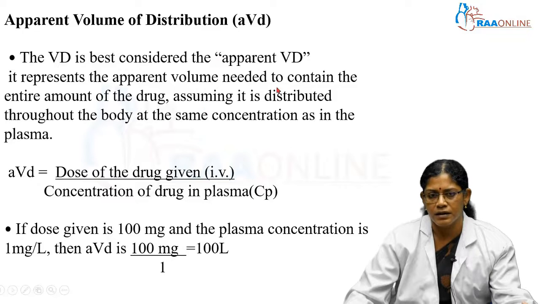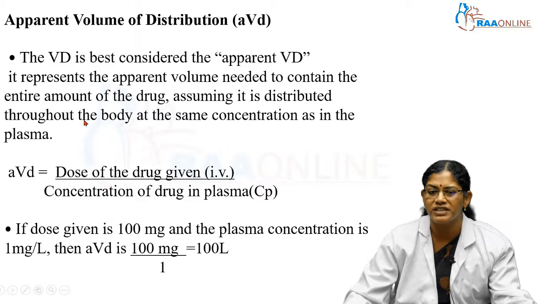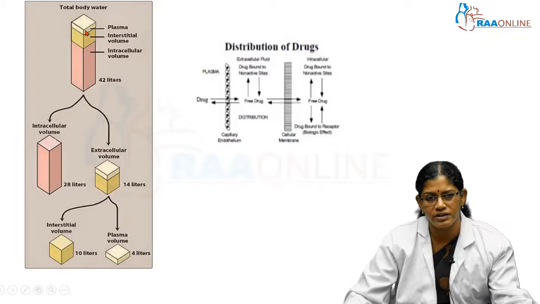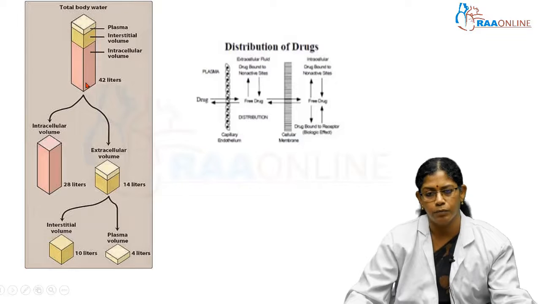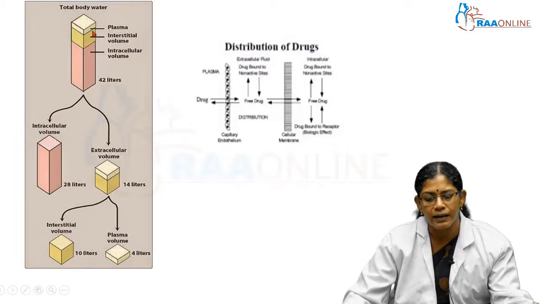That represents the entire amount of the drug distributed inside our body, and we are assuming that the amount present in plasma is equal to the amount which is present inside the entire fluid. That means in this 4 liters, how much drug is distributed? This is the amount we are going to see. We are assuming the same amount of drug is distributed throughout our body. So, throughout this 42 liters, we are assuming the same concentration of drug is distributed like in plasma.